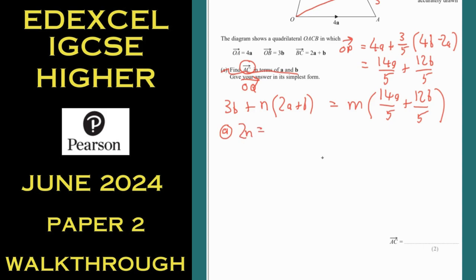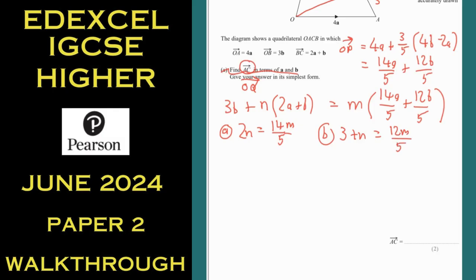The only thing I've got next to A on the right-hand side is 14m over 5. If I do the same for the coefficients of B, the left-hand side has a 3 and an n. That's all it's got. And on the right-hand side, it's got 12m over 5.